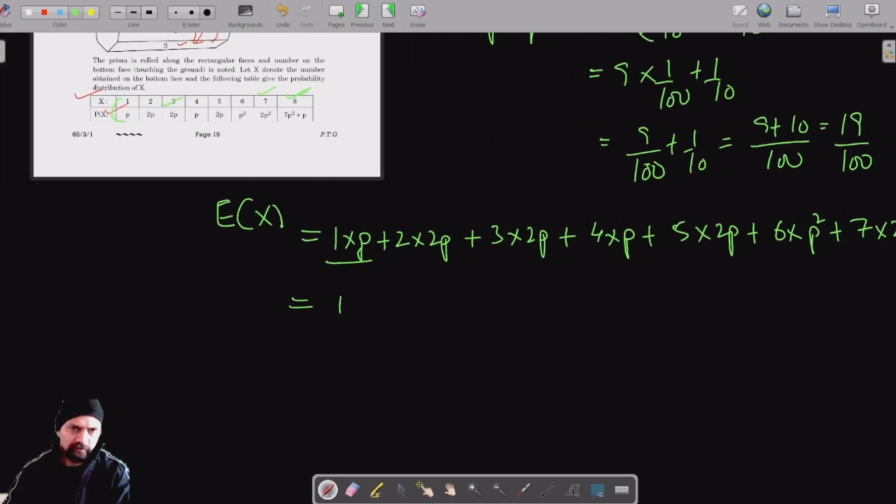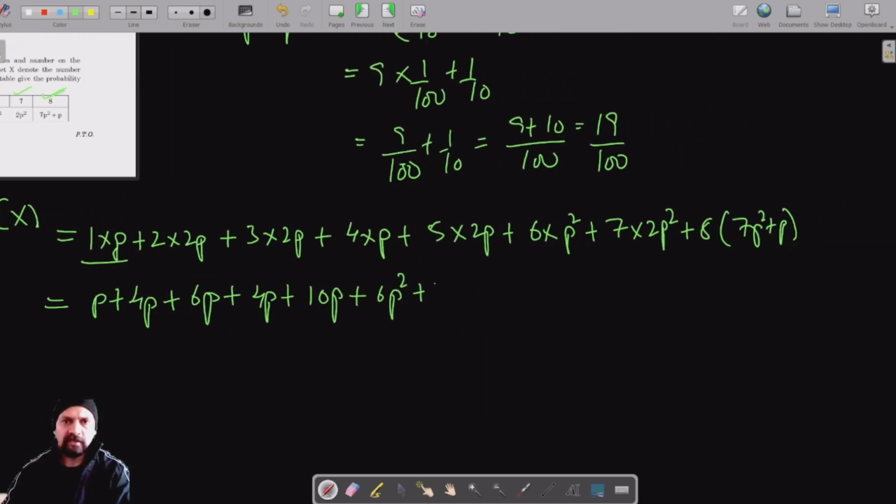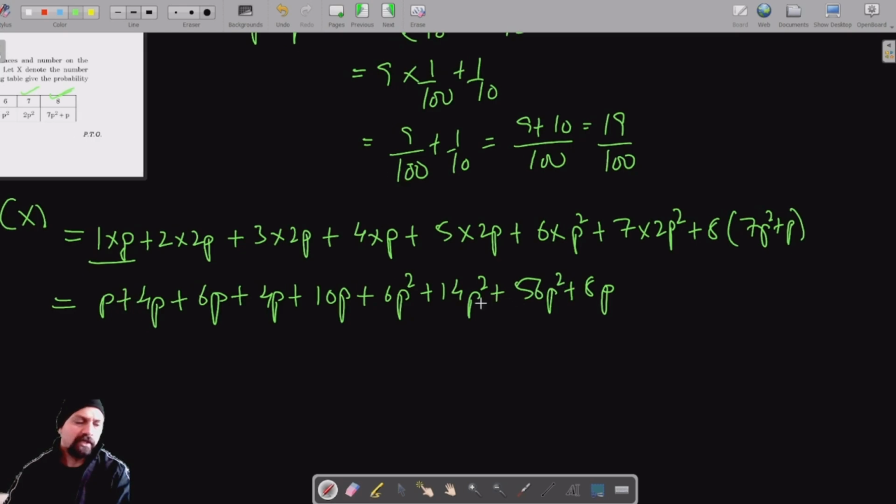So this gives us p plus 4p plus 6p plus 4p plus 10p plus 6p square plus 14p square plus 8 7s are 56p square plus 8p.